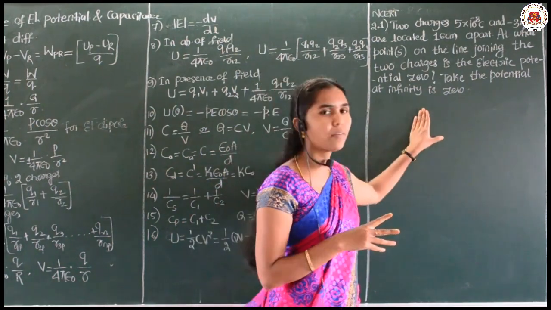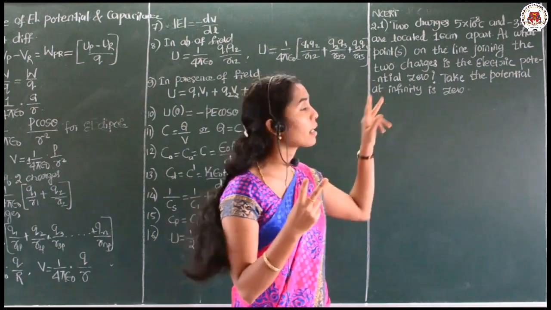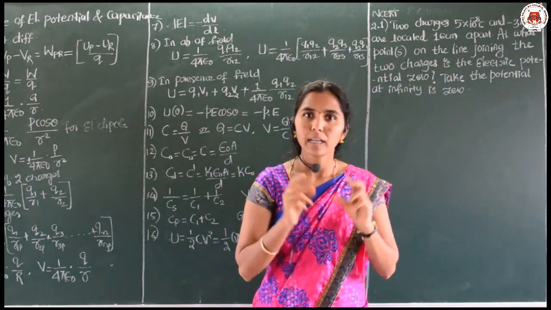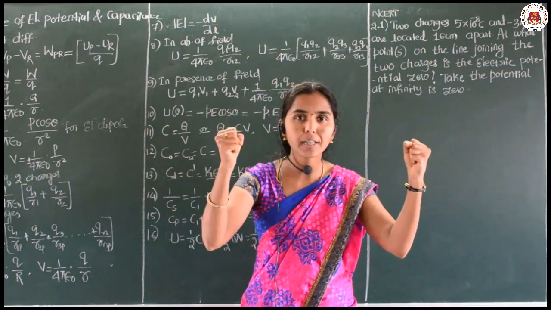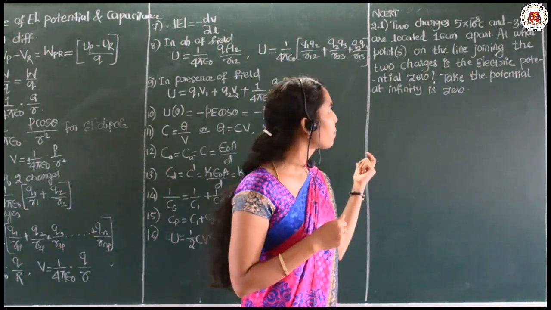In this they have given two charges; whether they are like or unlike, both are unlike. One is positive, another one is negative. It is like a dipole, and both charges are separated by a certain distance, that is 16 centimeter, right.